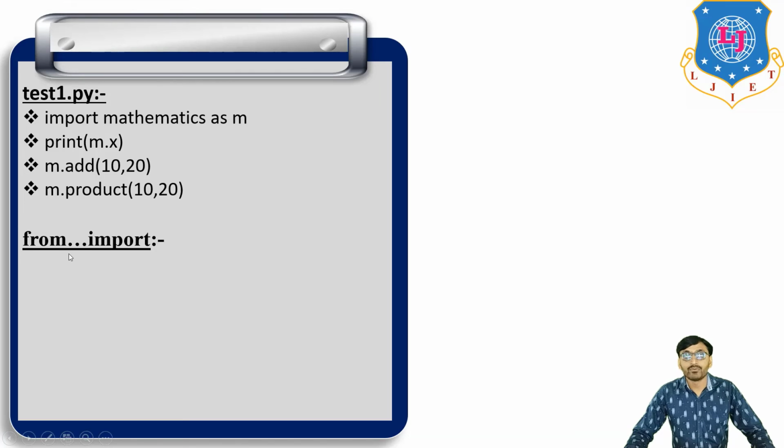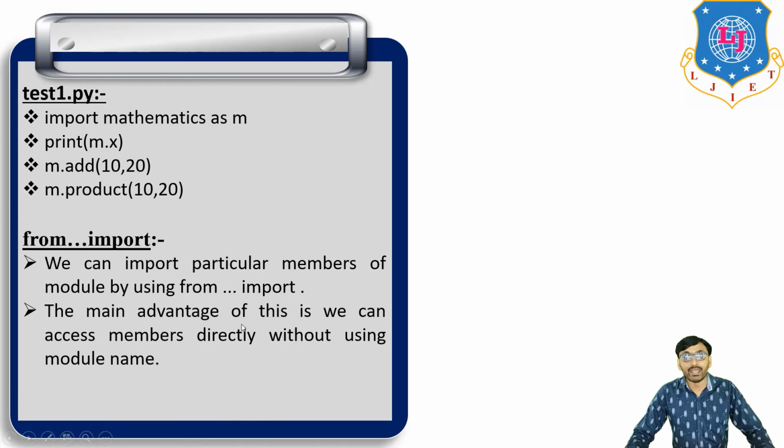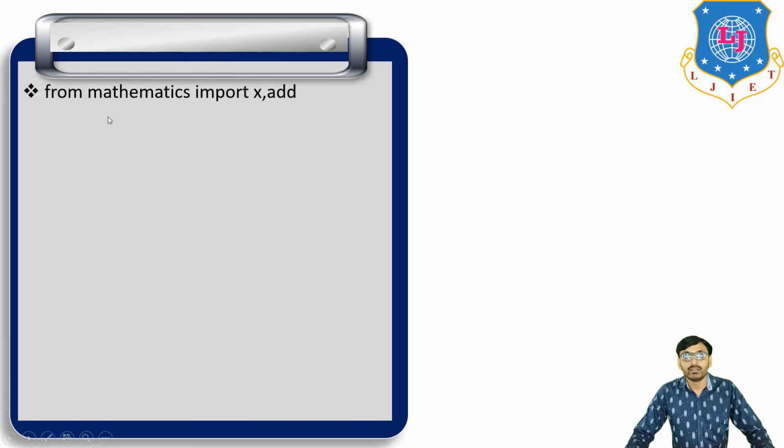Then from import, we can import a particular member of a module by using from and import. The main advantage of this is we can access members directly without using the module name. For example, from mathematics import x and add. From the mathematics module import the x variable and add function, not the product function.